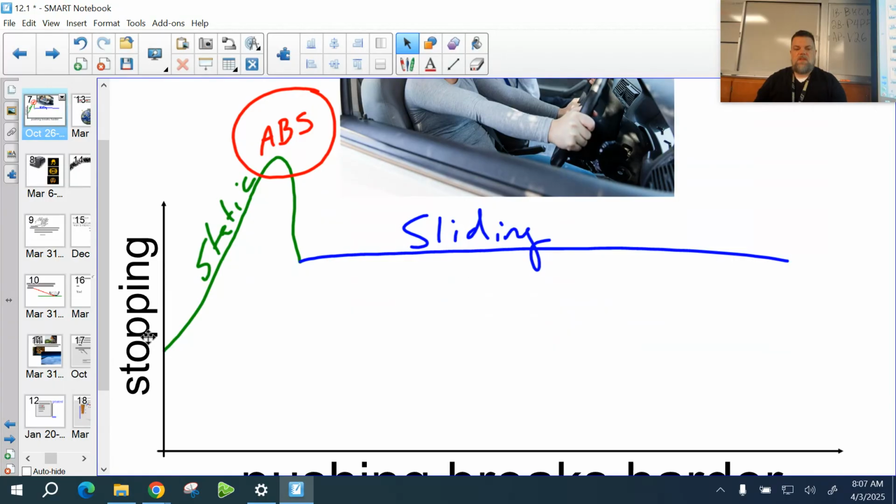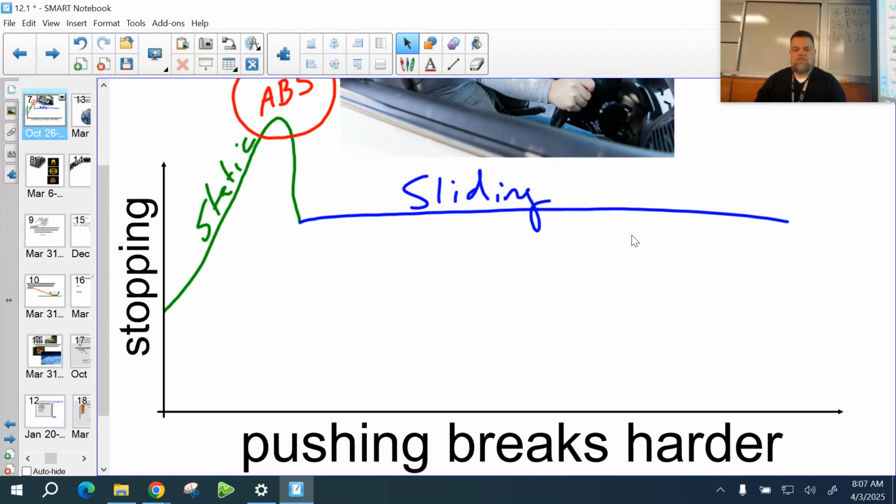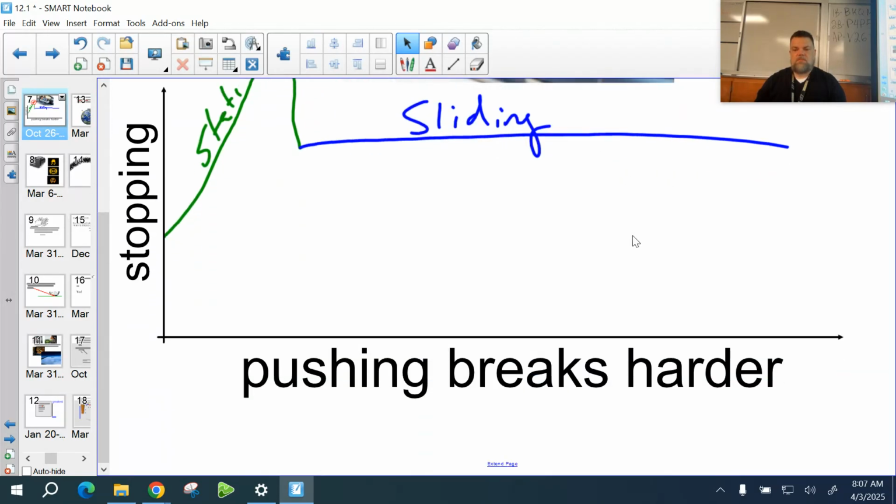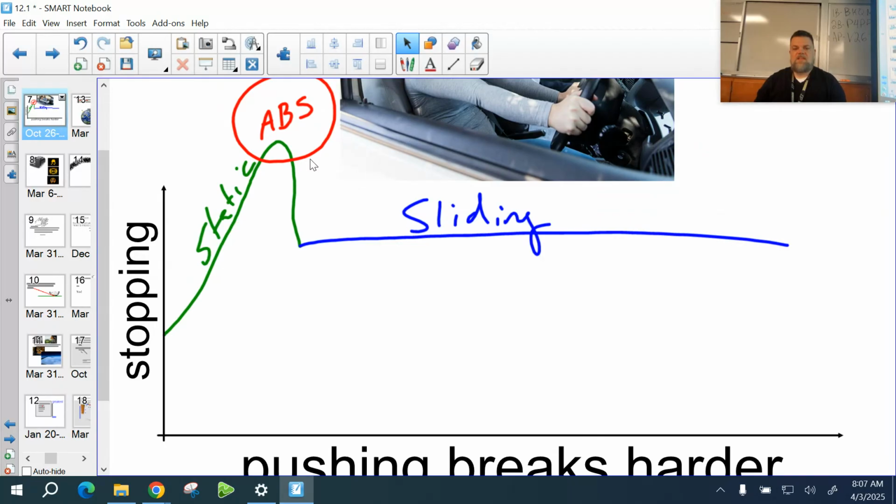So if you slam on the brakes on a car, you'll get static friction. And then you can have sliding friction. Anti-lock brakes kind of focus on, they turn on and off so the wheels don't slide. Because the static friction is the strongest.